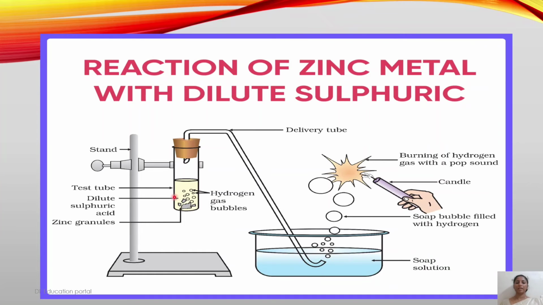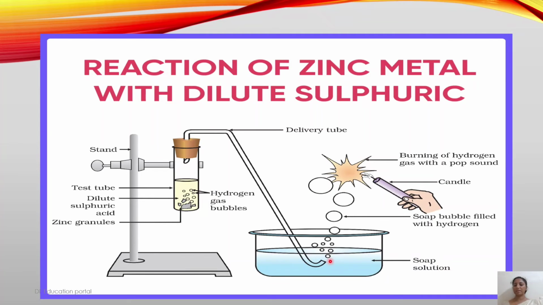Here we are taking zinc granules and adding dilute sulfuric acid, and by using a cork we close the test tube. The gas evolved during this reaction passes through the glass tube into the beaker containing soap solution, and the hydrogen gas gets trapped within the soap bubbles.